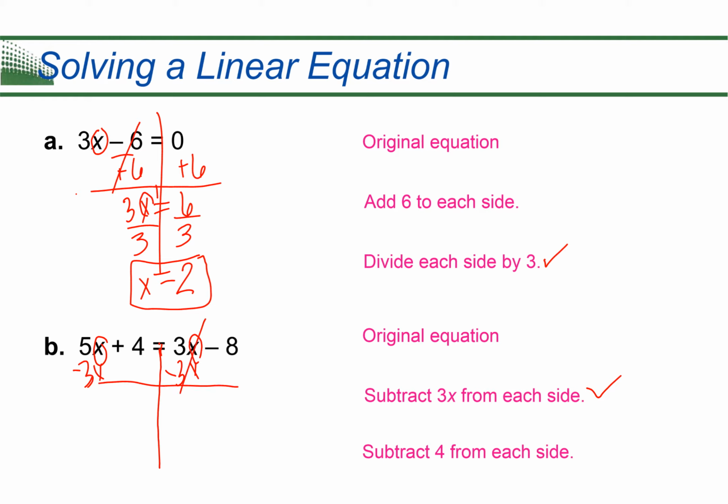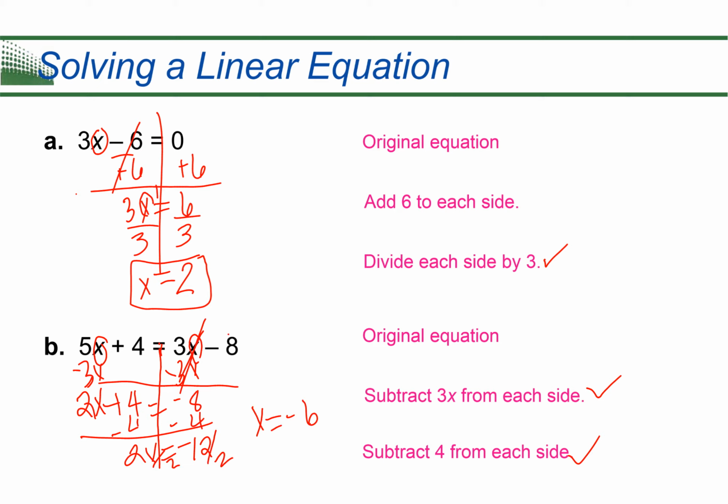I cancel that out, and I'm left with 2x plus 4 equal to negative 8. Now we're just like the example in part A, so I'm going to subtract the 4 over. I have 2x equal to negative 8 minus 4, that's a negative 12. Then divide both sides by 2. That gives me x equal to negative 6.